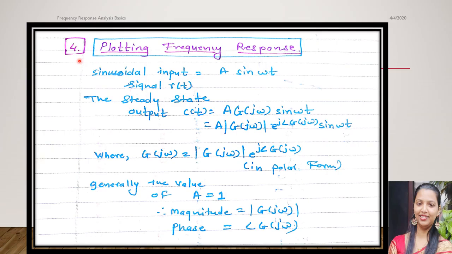Point number 4, plotting frequency response. The frequency response of a linear time invariant system can be obtained by applying a spectrum of input sinusoidals to the system.